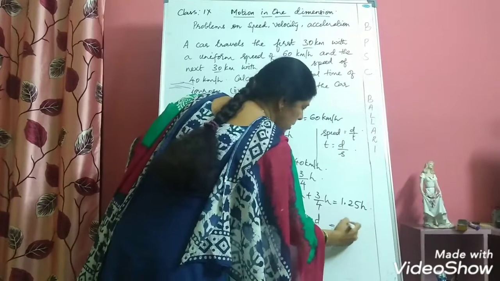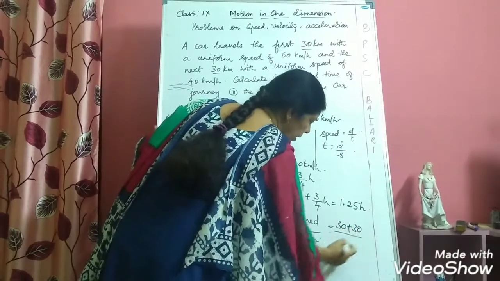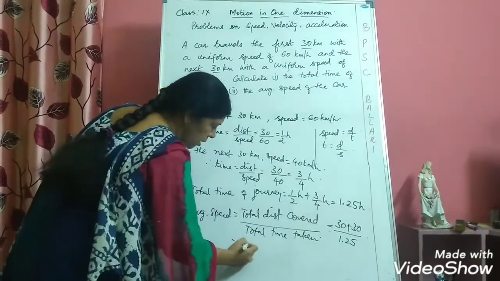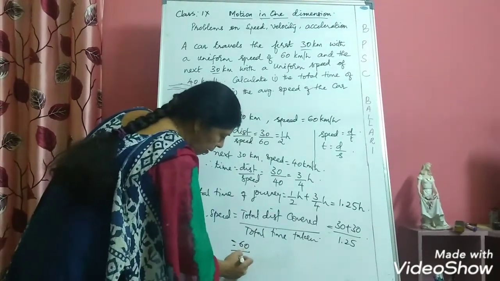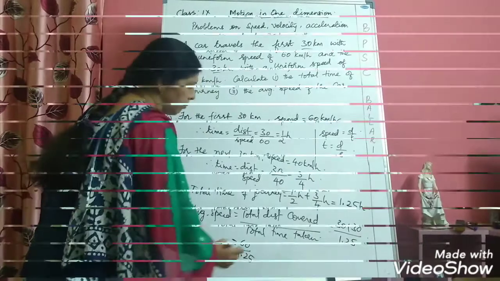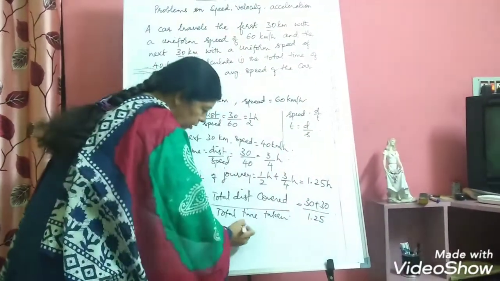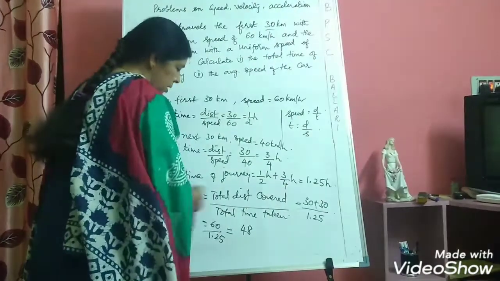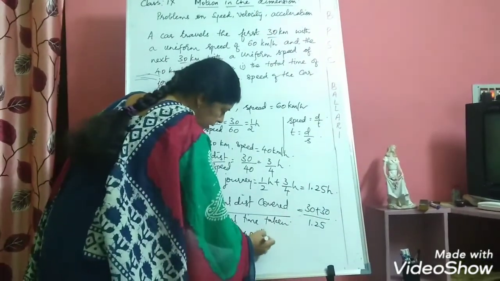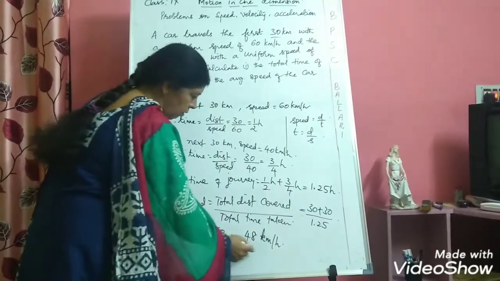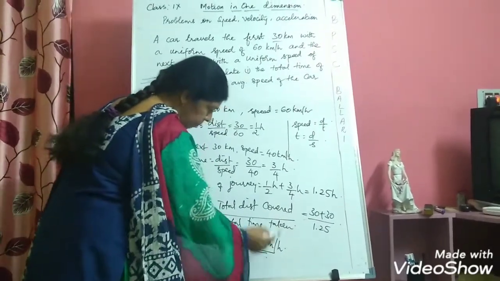So it is 30 plus 30 divided by 1.25 hours. That will be equal to 60 by 1.25, which will be equal to 48. What is the unit we have? It is 48 kilometer per hour. So this is the solution for the second question.